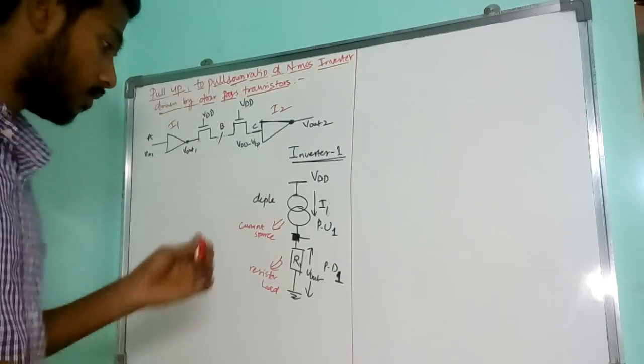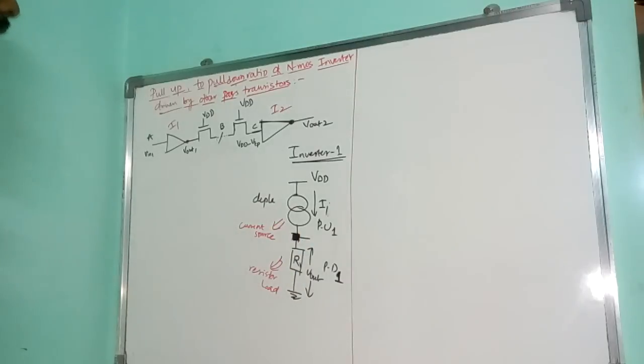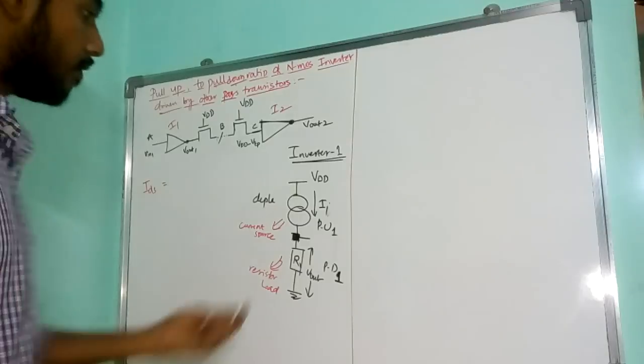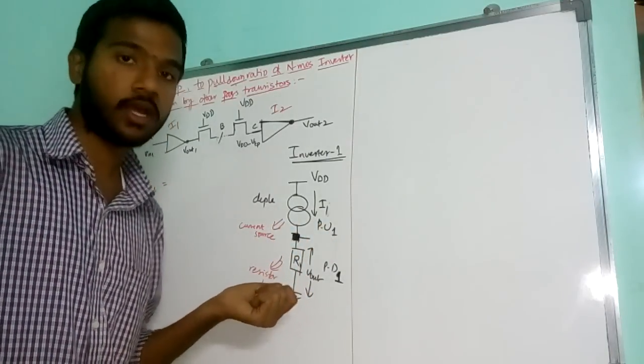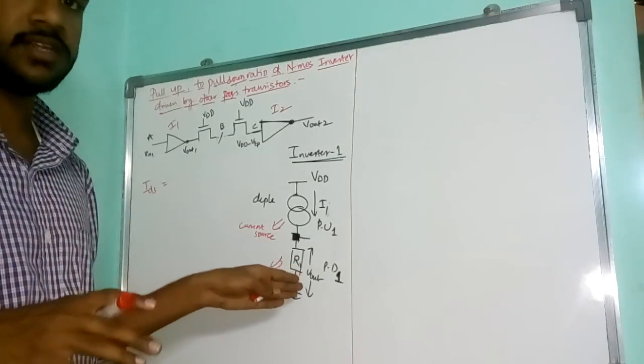Now let's start dealing with inverter 1. Consider this resistor network. Resistor means it is a linear device, so the transistor is in the linear region.